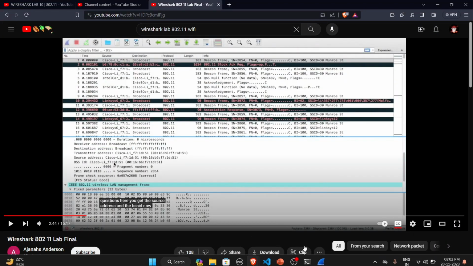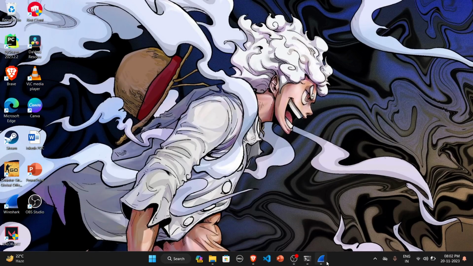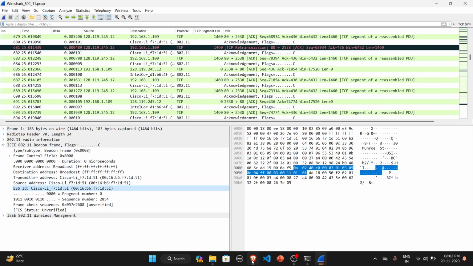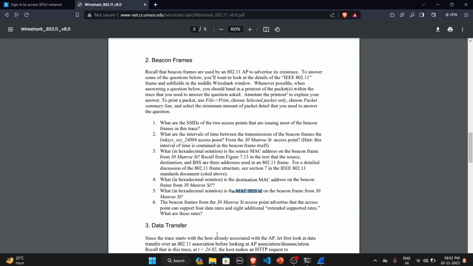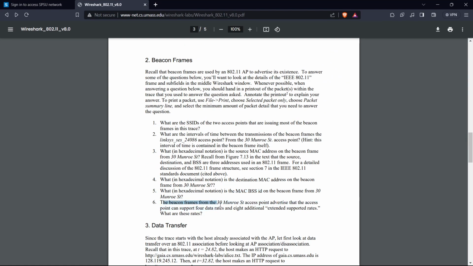Now we go to the next question. The beacon frame from the 30 access point advertises that the access point can support 4 data rates and additional extended supported rates. What are these rates?